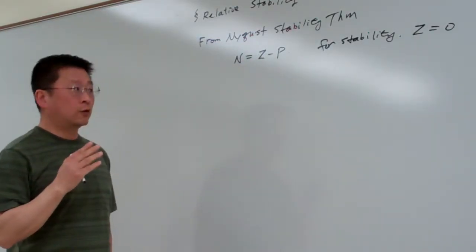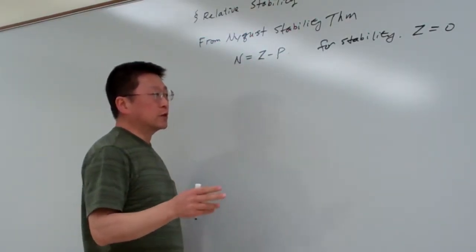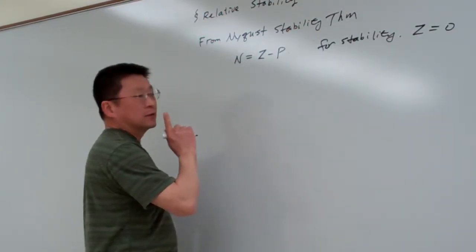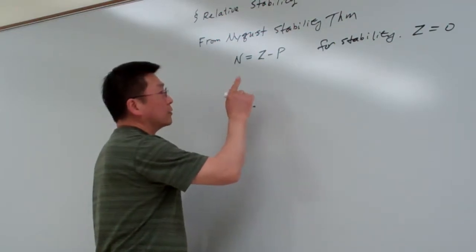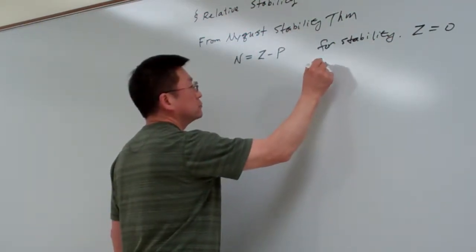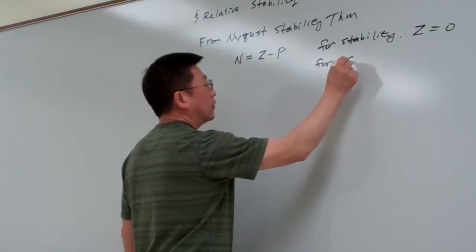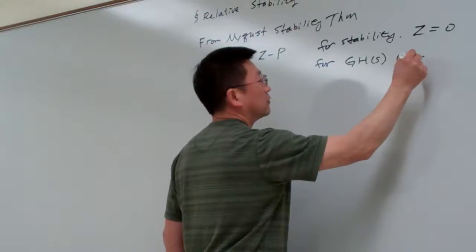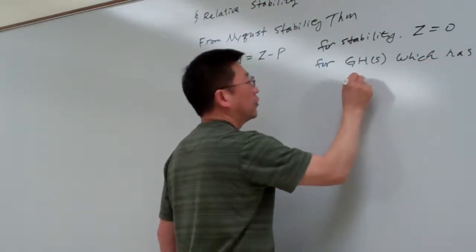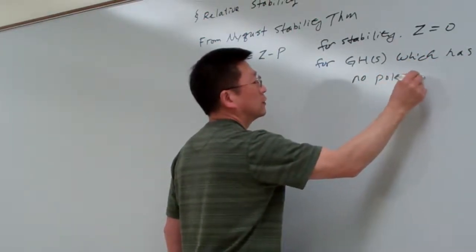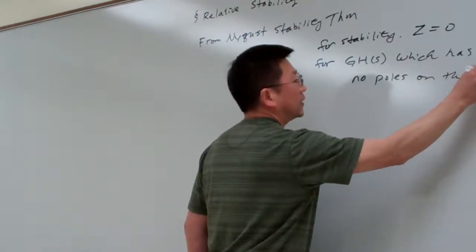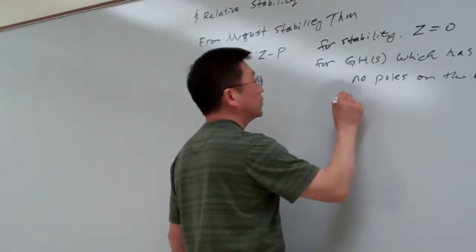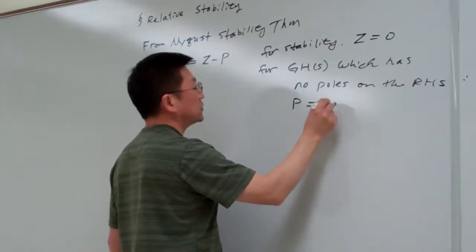That means no roots of the characteristic equation on the right hand side. For the open loop system GH(s), which has no poles on the right hand side, P is equal to 0.